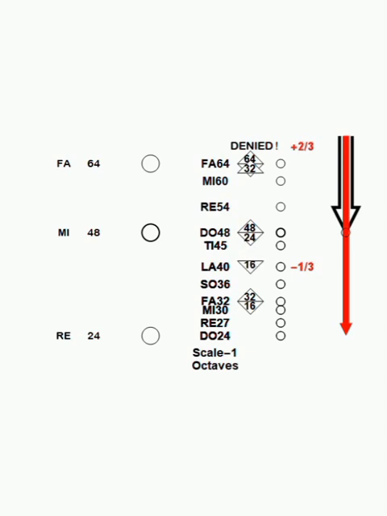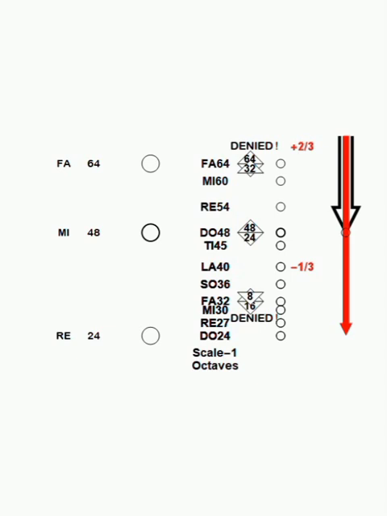By the time it reaches So 36, it has lost another 4 units, leaving only 12 units. And when it reaches Fa 32, it has 8 units of downward impetus left, and encounters an upward force of 32 units at Fa 32, which sends it hurtling back up with an upward impetus of 24. Its downward motion is denied.